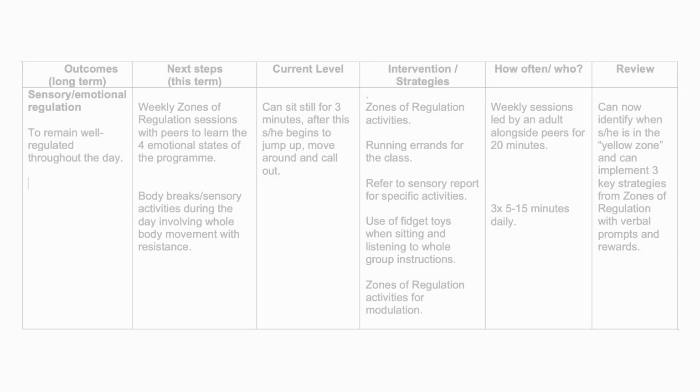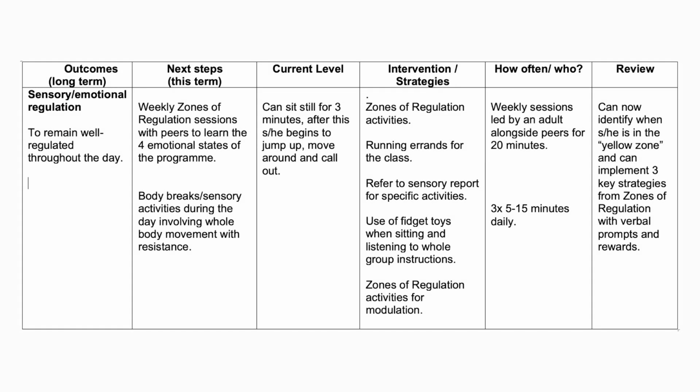So maybe to have the child using the Zones of Regulation with support 4 times a week. So those are specific ways in which we might address the long-term needs of the child to remain well regulated. So then, as you said, what we might say is, what's the current level of the child? Well, that might be where we say, well, during lesson times, they're bobbing up and down and they can't sit still for longer than 2 minutes. And then you'd go on to outline the intervention and strategies, and then how often will that be implemented and who will do it.